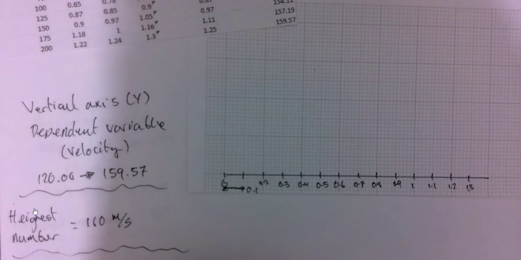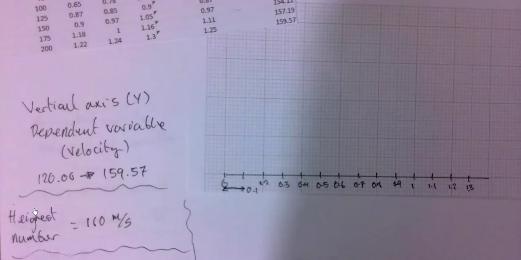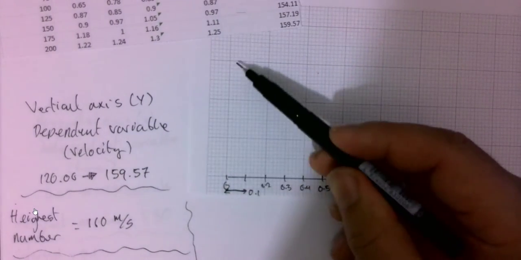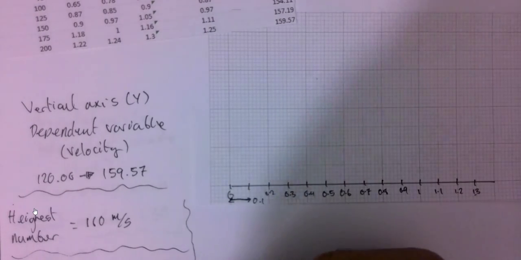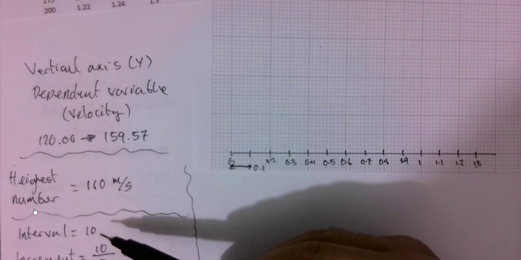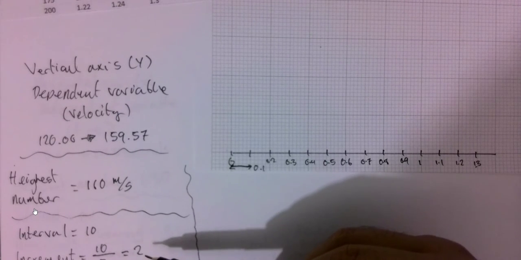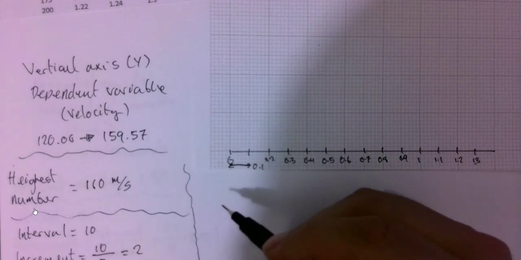Okay, now we've got to figure out how many intervals I want to have. How many intervals do I have to go up along the y-axis to make the value of this interval and the value of each one of these squares being an increment of 2 work. So let's have a look.